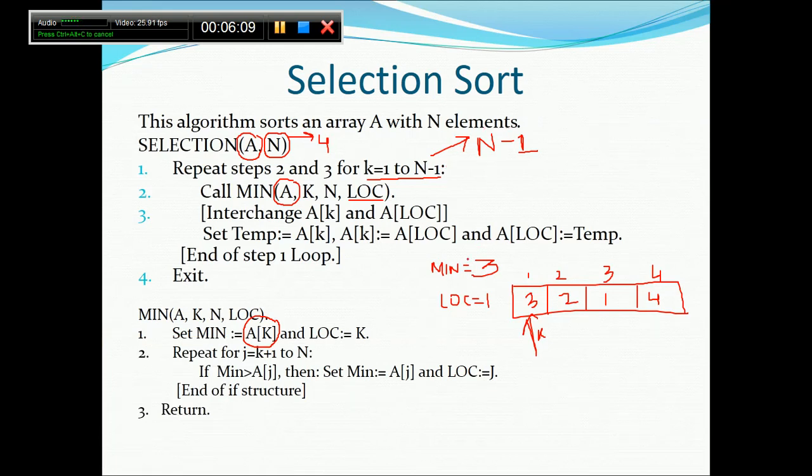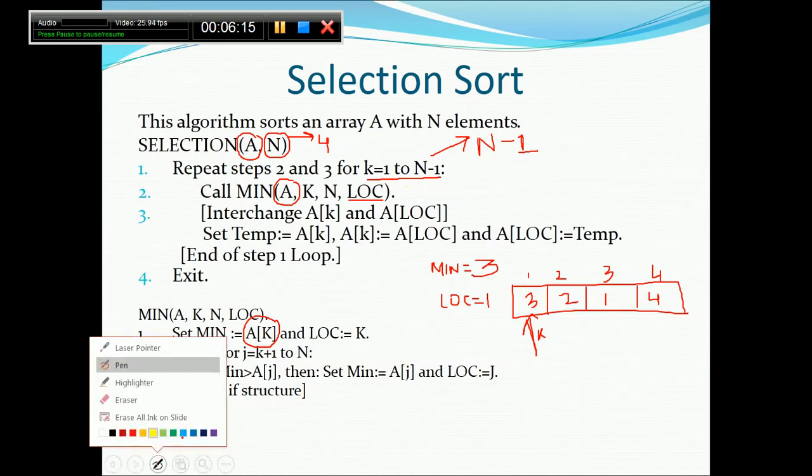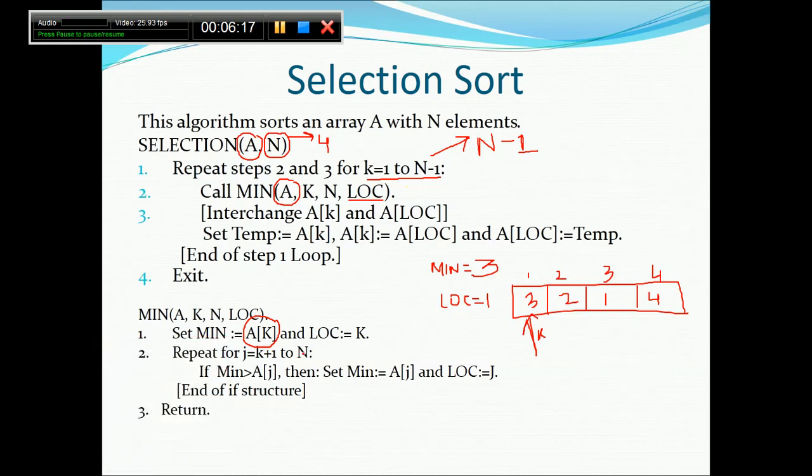Now after this, j goes from k plus 1 to n. We are looking from here to here. What is A of j?